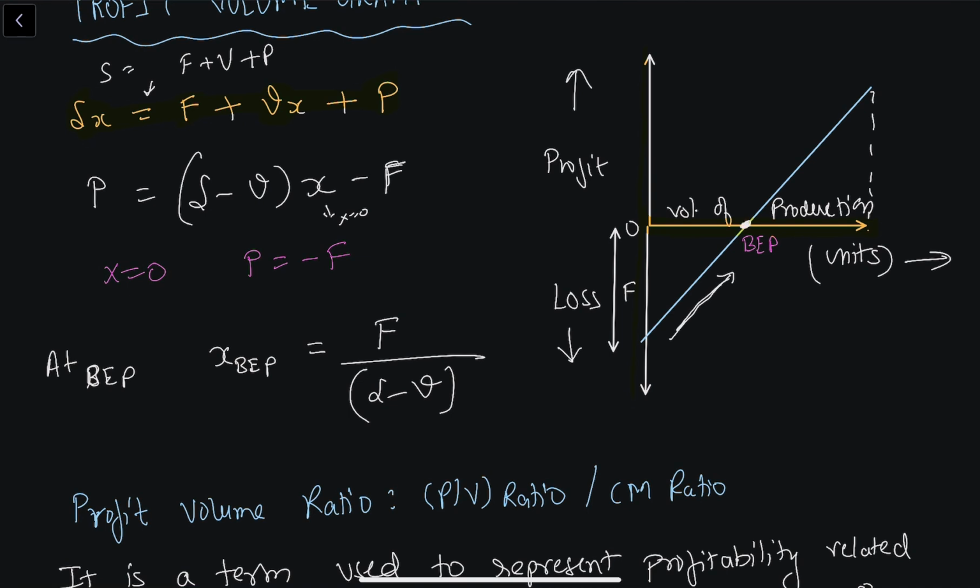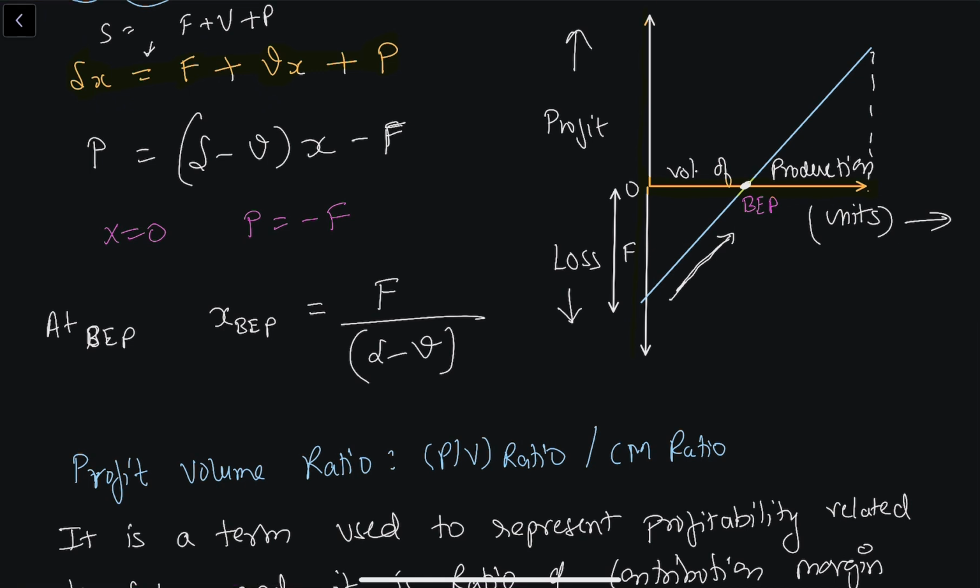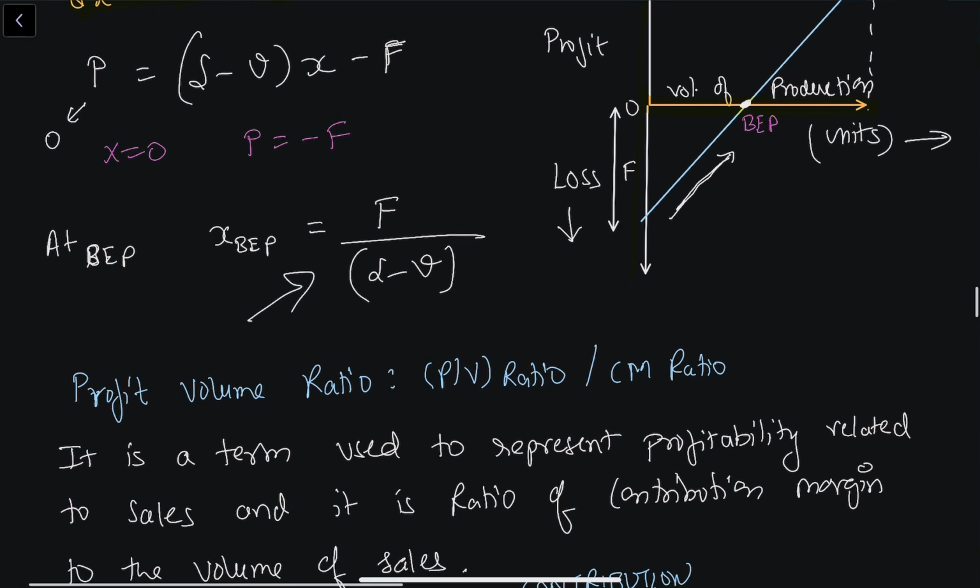This is nothing but the BEP, your break even point. If I put profit equal to 0, then I will get the value of this. This is my break even point, in number of units.